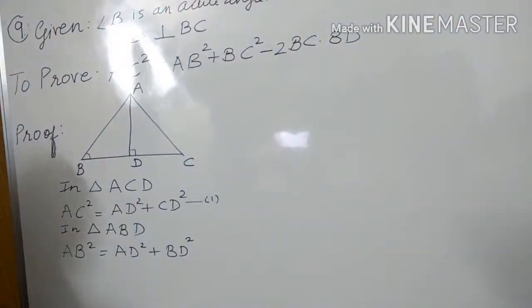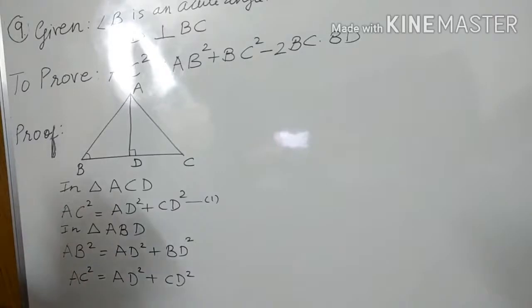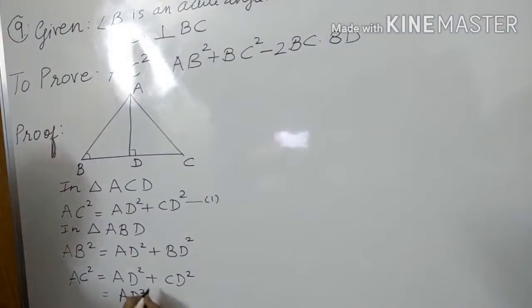We will substitute the value here, students. I will write again AC square is equal to AD square plus CD square, rewriting it. And instead of CD, this is our result number 2.